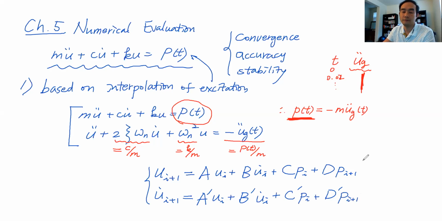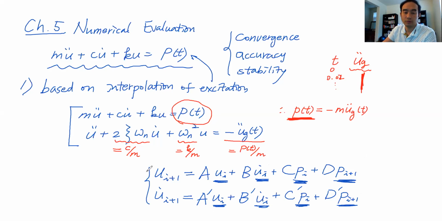So if you know the current step displacement and velocity, those are these two. u i is the displacement response at the current step, and u dot i is the velocity response at the current step. P i is the excitation at the current step, and P i plus 1 is the excitation one step further, right?